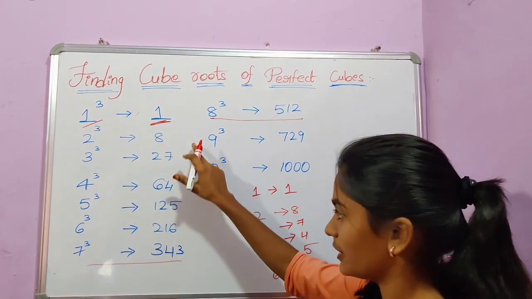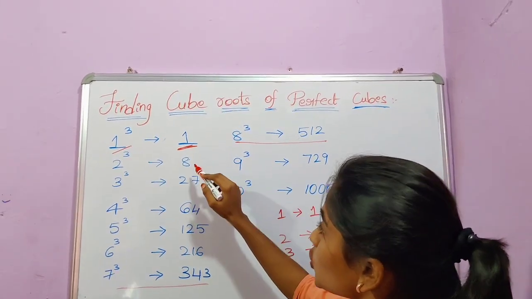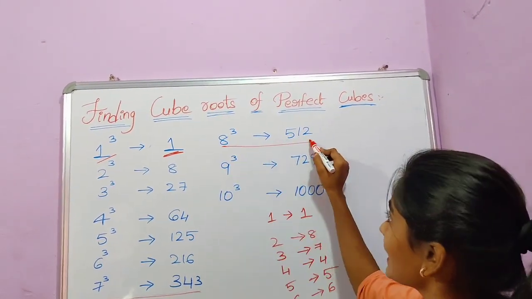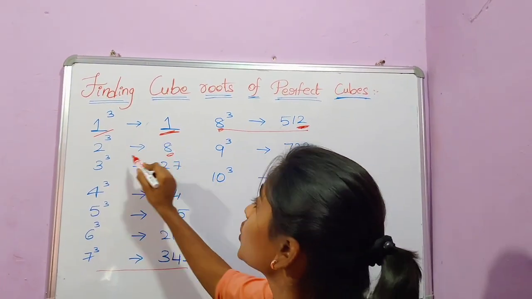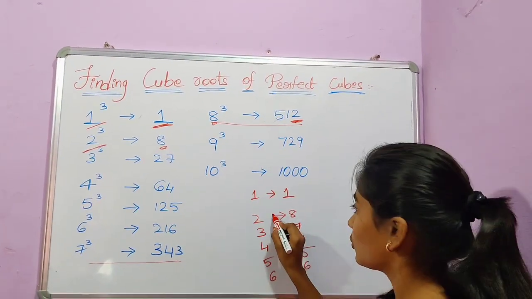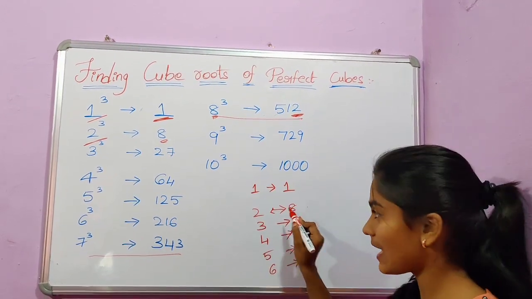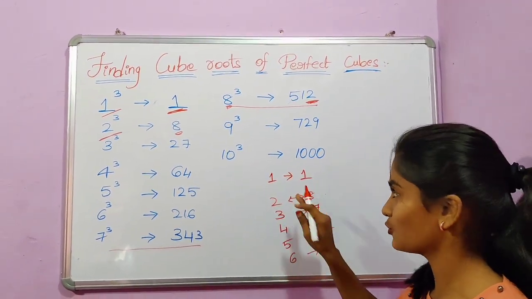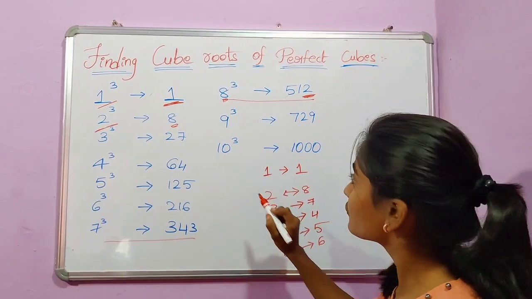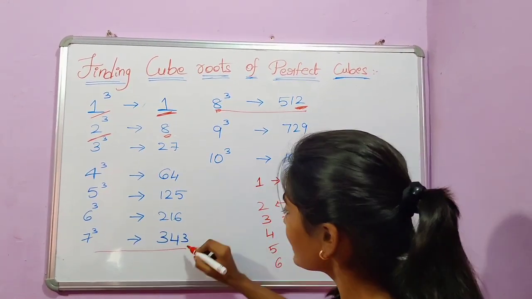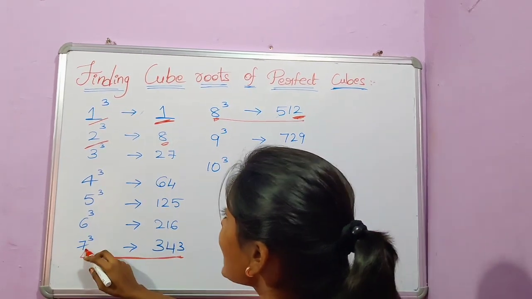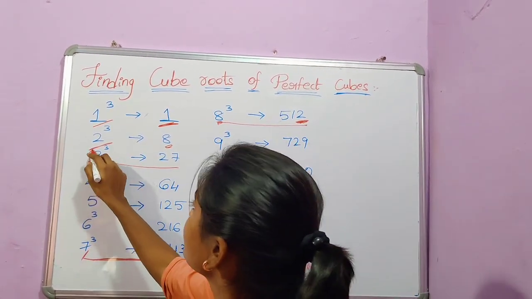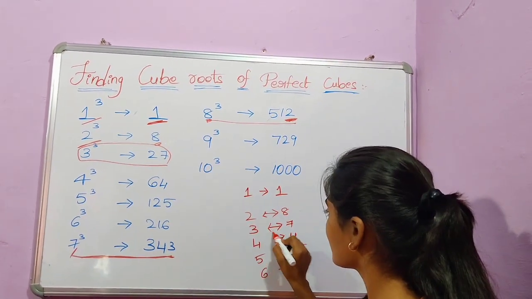And if you observe carefully, we are getting 2 as last digit in 8, and in the same way, 8 as last digit in 2. Right? 2 as last digit in 8 and 8 as last digit in 2. And in the same way, we are getting 3 as last digit at 7 and 7 as last digit at 3. Okay?